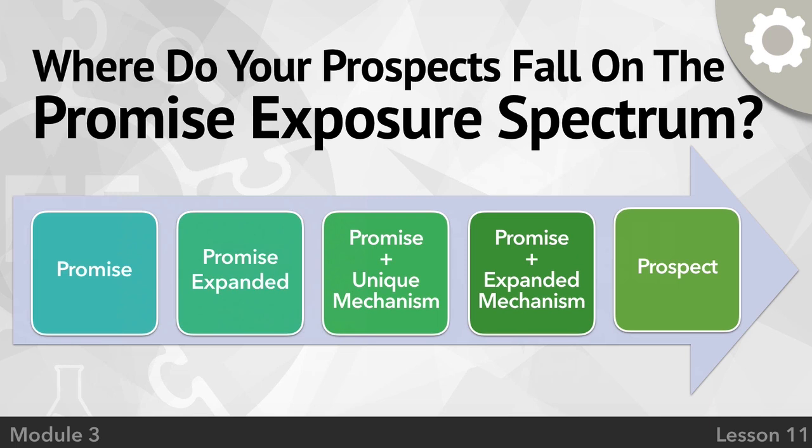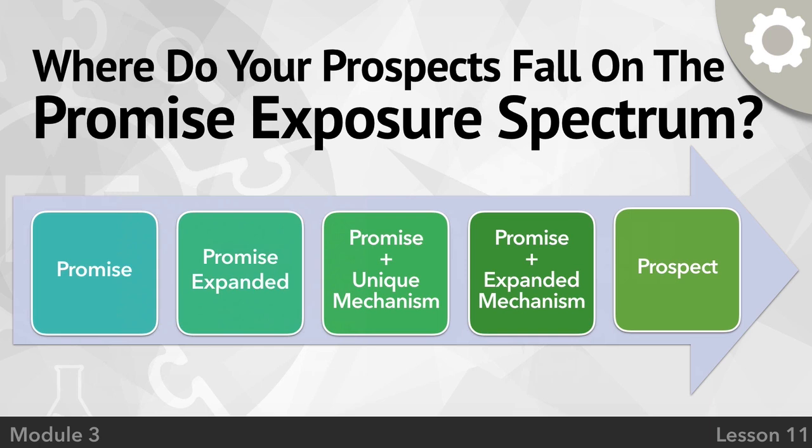I've said before, and you'll hear me say this numerous times again throughout the E5 Camp Masterclass, that one of the biggest reasons for marketing funnel failure is an immature marketing message. An immature marketing message, meaning a marketing message that is based on a stage of the promise exposure spectrum below where your prospects are.